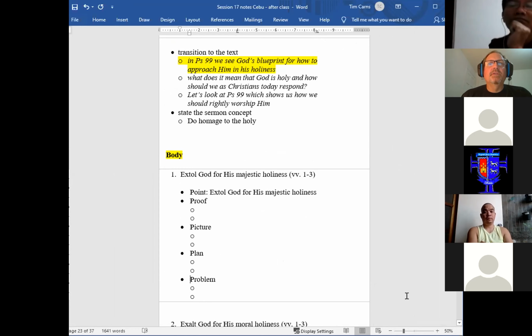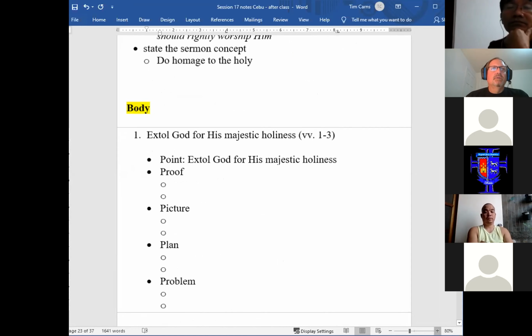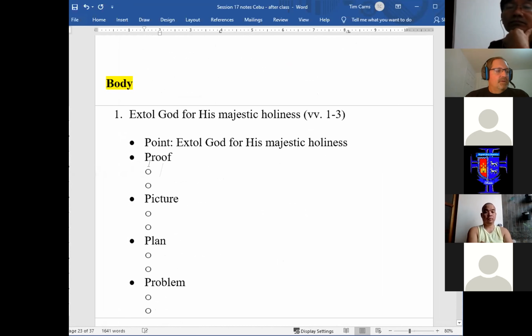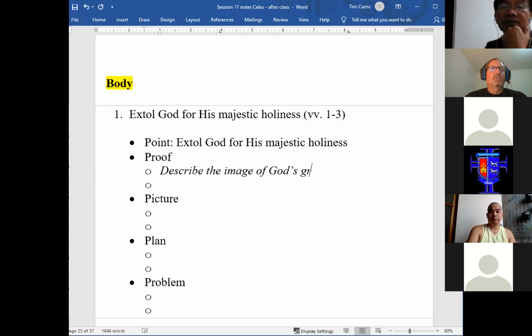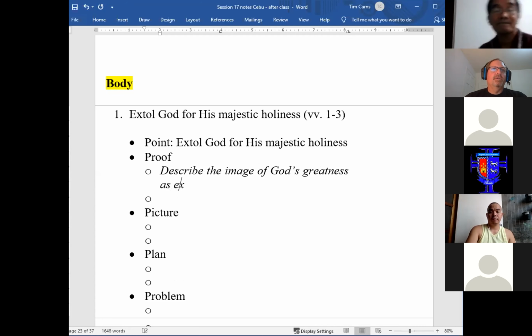So as we consider the proof, as we look at the passage together, maybe we would describe the image of God's greatness as expressed in verse 1.